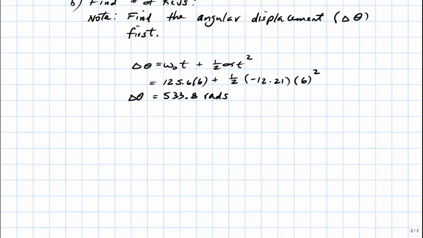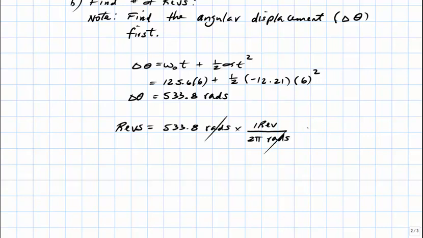We would like to determine the number of revolutions, though. And in order to do that, we're just going to convert the radians to revolutions. So the revolutions just equal 533.8 radians times, we know that one revolution amounts to 2 pi radians.